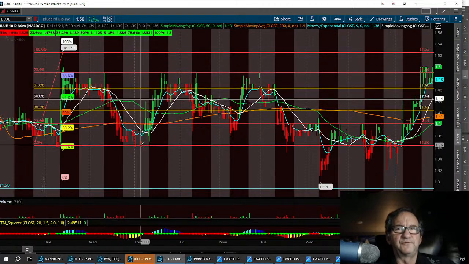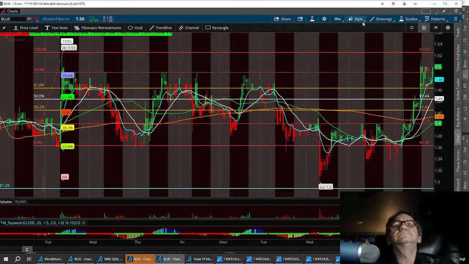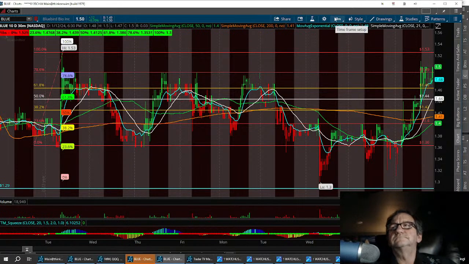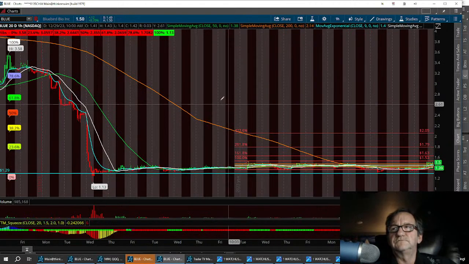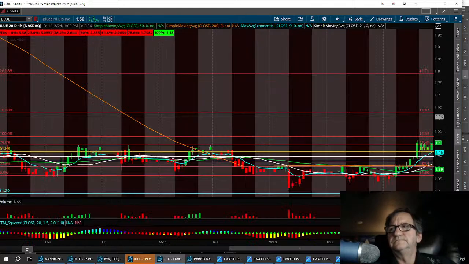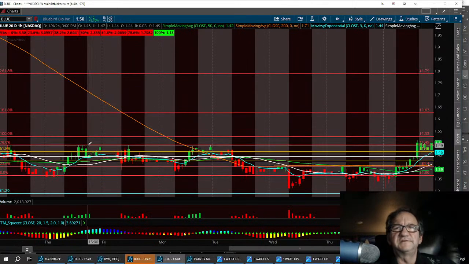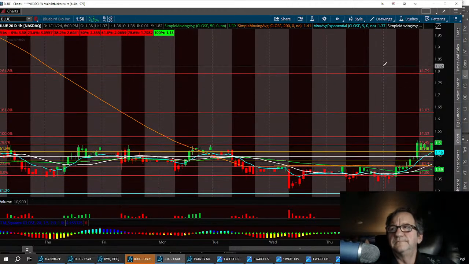That was a previous double bottom. So I used the Fibonacci extension. I started it from right here. For some reason, we got the extension to go up.